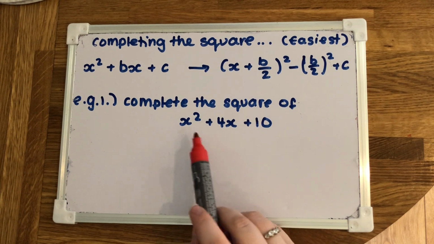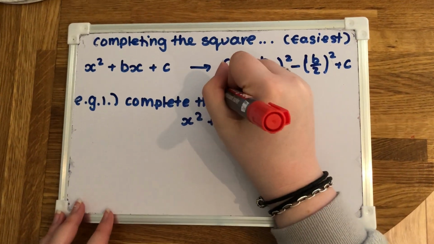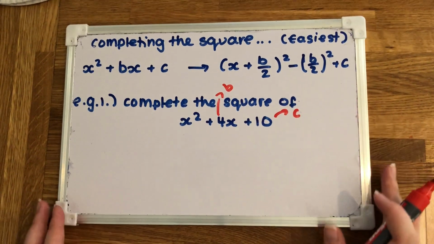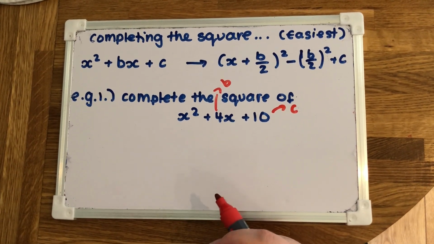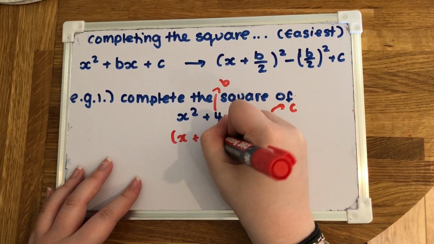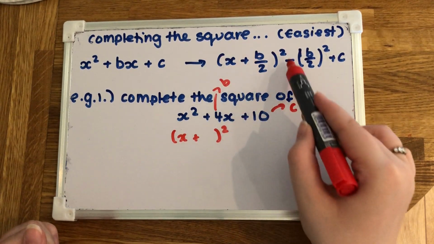So we've got x squared plus 4x plus 10. Okay, so this is our b and this is our c if you wanted to use the formula. Okay, so I'm just going to be doing it with words. So we're still going to have x plus something and we're going to square it. Okay, so this is this part here of the formula.